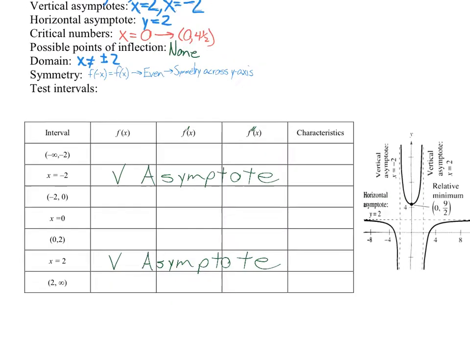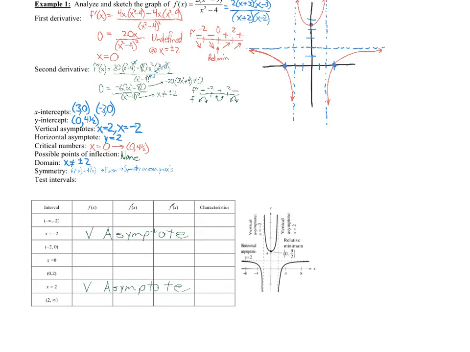Now, these different intervals are like two different sign diagrams. From negative infinity up to negative 2, our derivative is negative, so our function is decreasing.